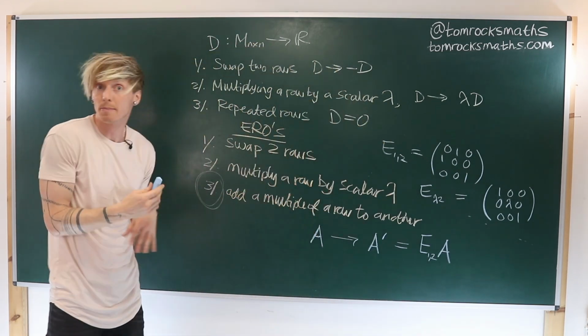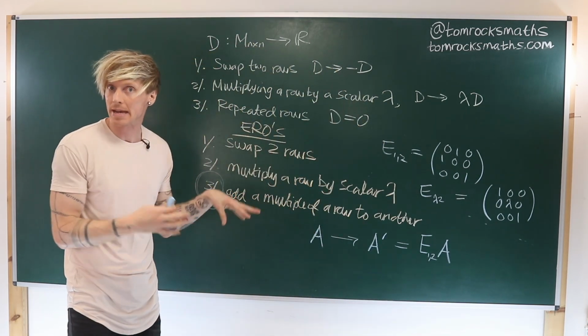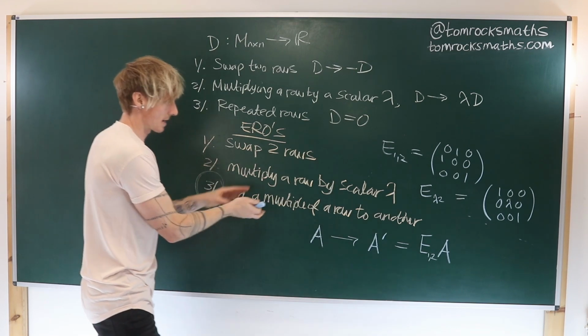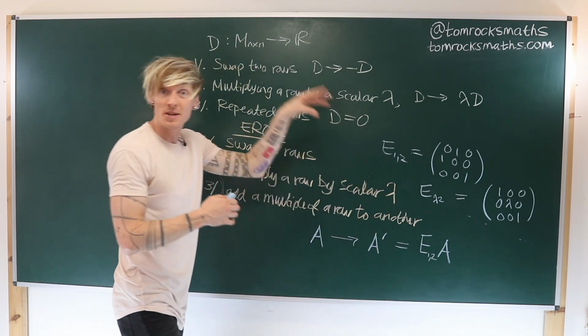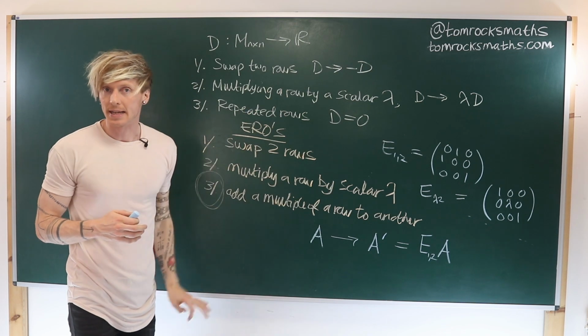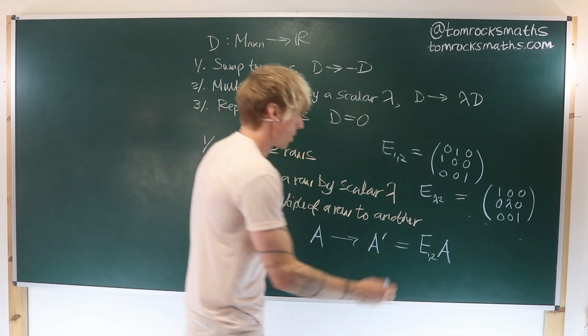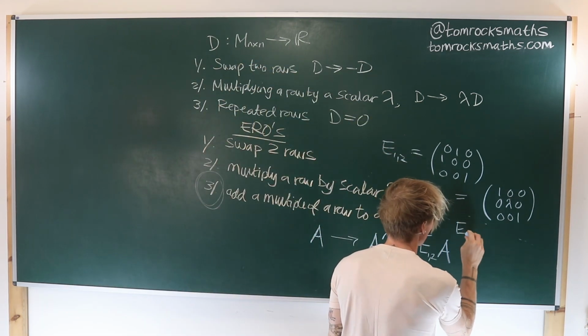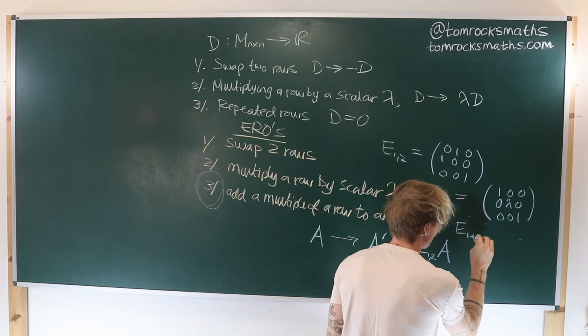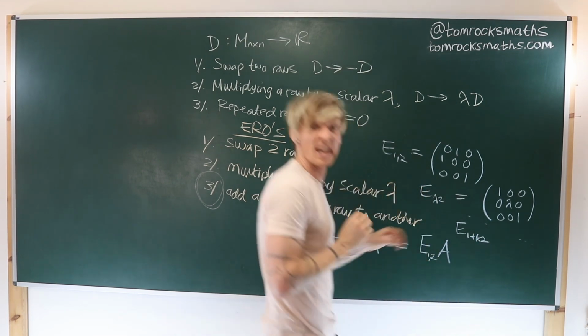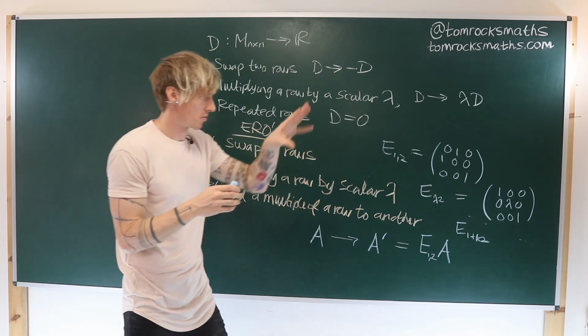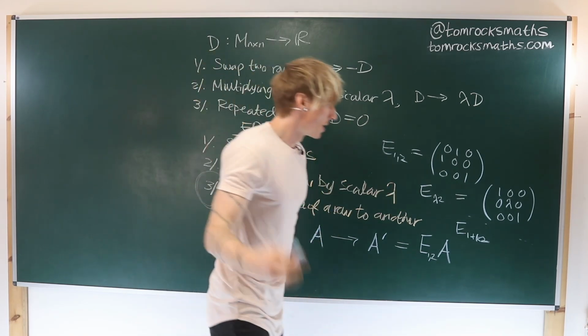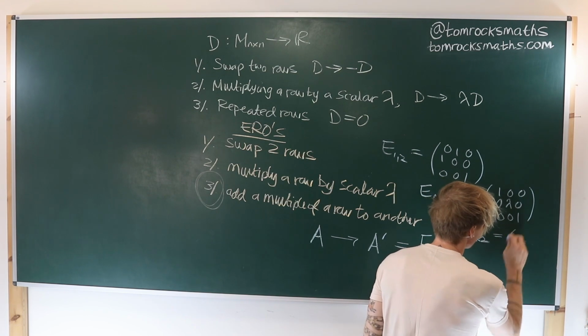And for the third one, the more complicated type 3 ERO, we just add a multiple of a row to another. We do the same thing to the identity. So let's suppose we want to do the first row plus k lots of the second row. So let's call it E1 plus k2 to really spell out what's happening. So we just do the identity.